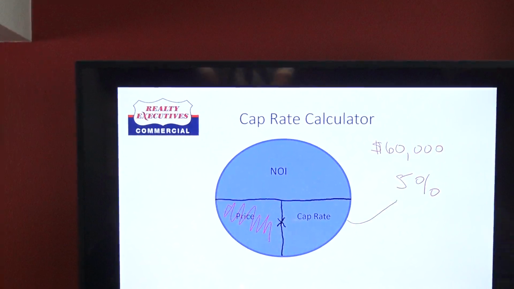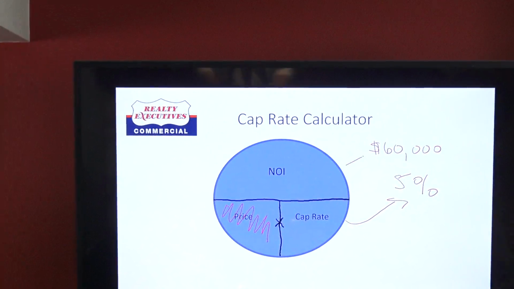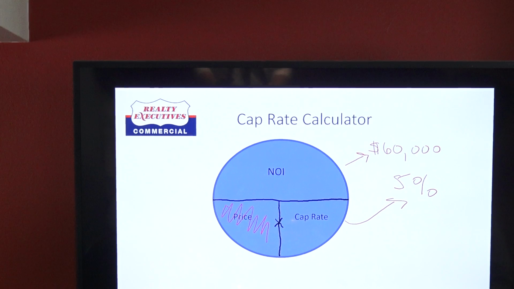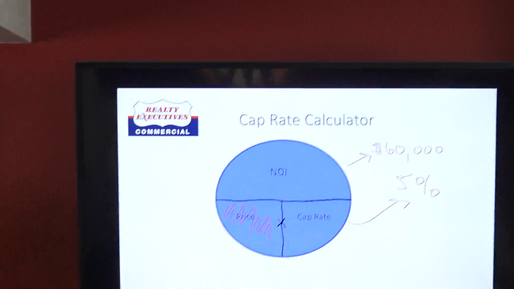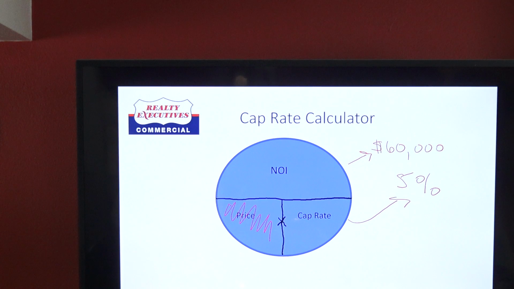This is my cap rate here, 5%. This is my net operating income of $60,000. How would I find my price? What I would do is divide the cap rate into the NOI. It's very easy. I'm looking for price, so I'm dividing my cap rate into the NOI.